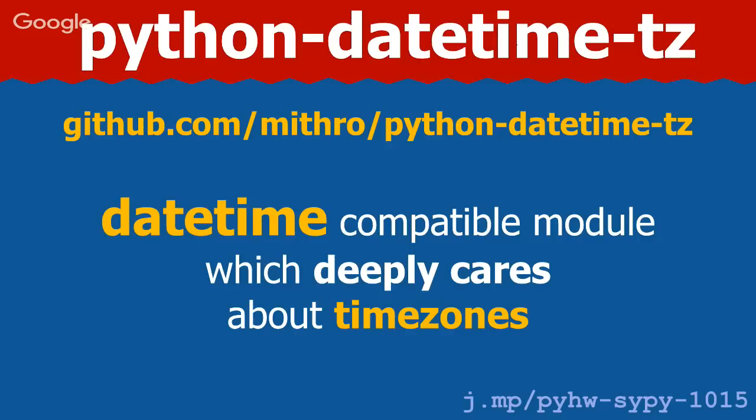I haven't tested on Mac, but I assume it works. It understands your local time zone on your system using a bunch of different methods to figure it out. We have Windows support as of recently. You should be using this if you're using date times anywhere in the world that has time zones, which I think is everywhere, sadly.